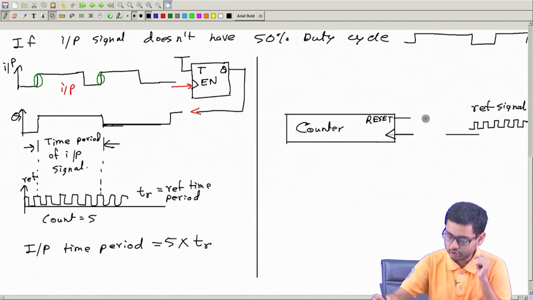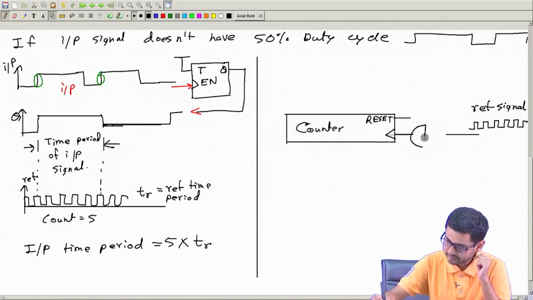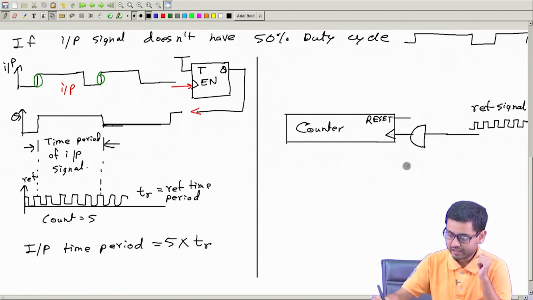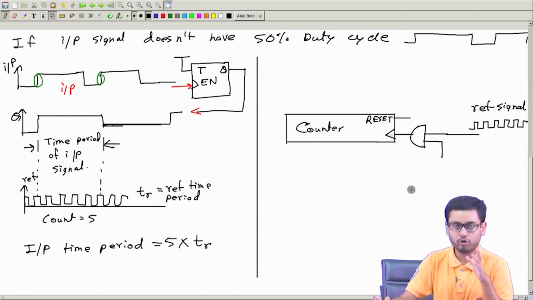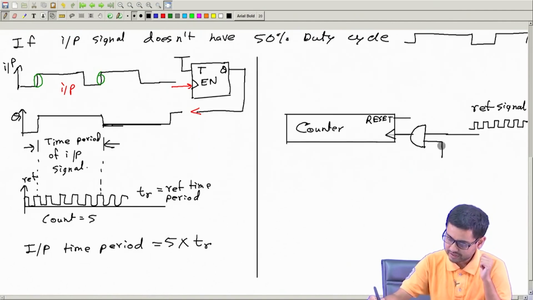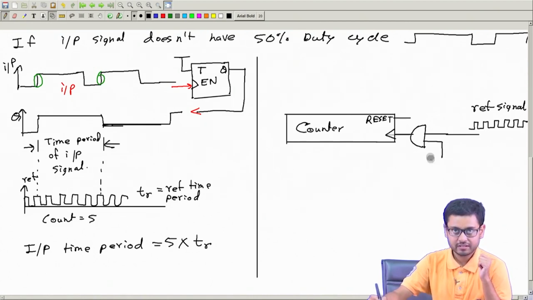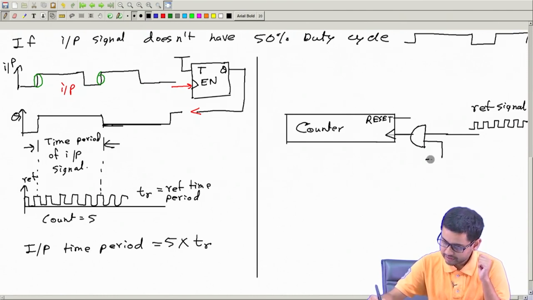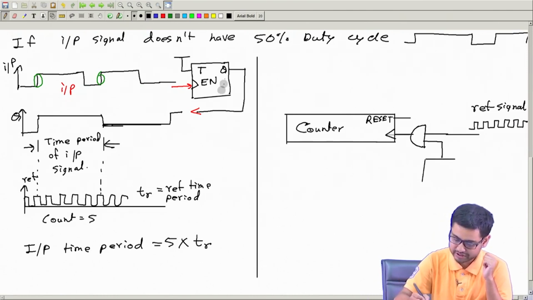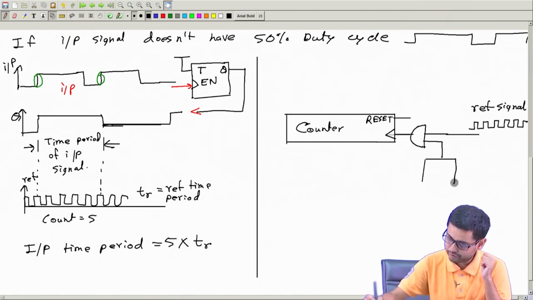But you have to have a mechanism of stopping it. So, I need this AND gate. I put this AND gate here, and the other input of the AND gate will decide for what duration the counting should continue. Here I will give the input signal, maybe not directly, maybe through this flip flop.